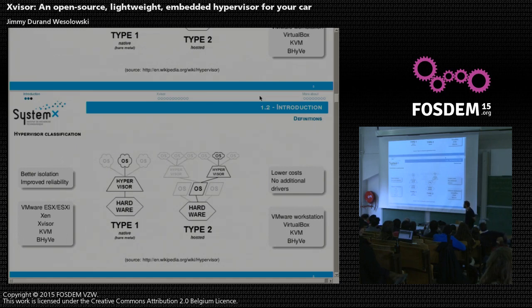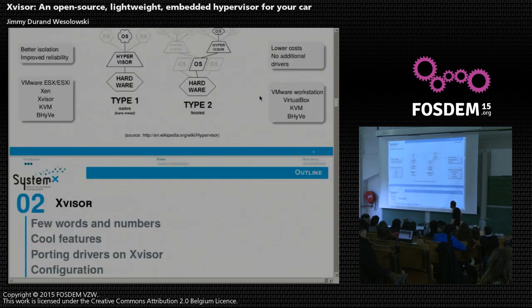Nothing curious: KVM and Bhyve are more qualified as type 2, but as they run directly on the hardware, there may be some confusion. It's more likely to be a type 2. Just a precision.